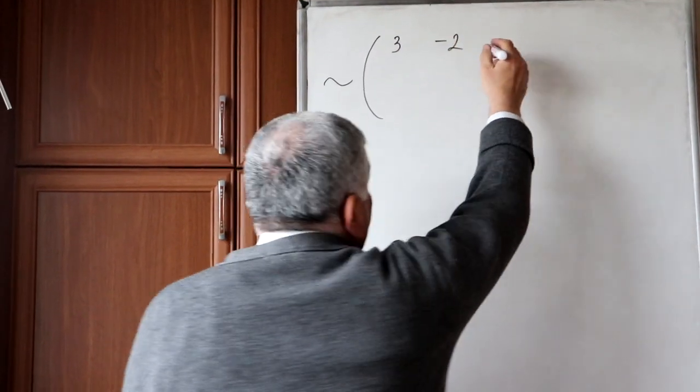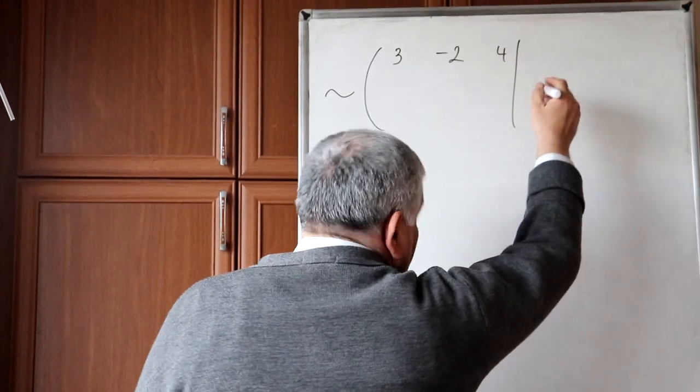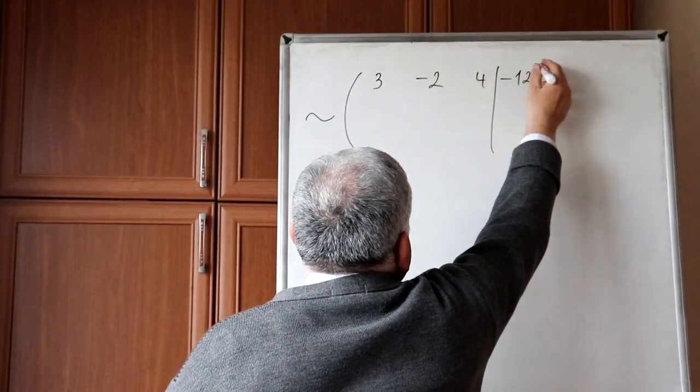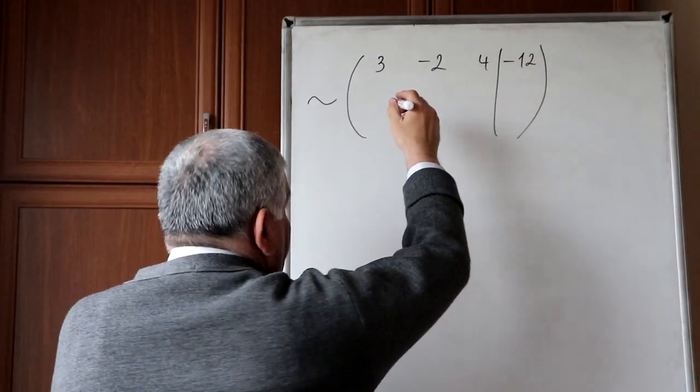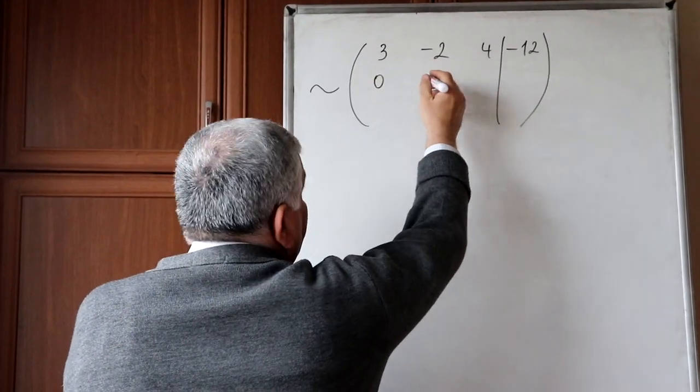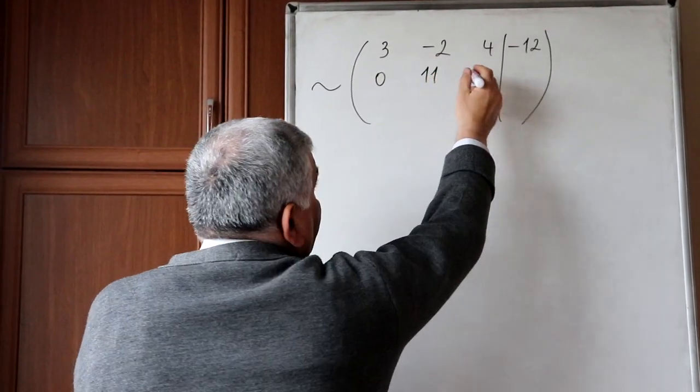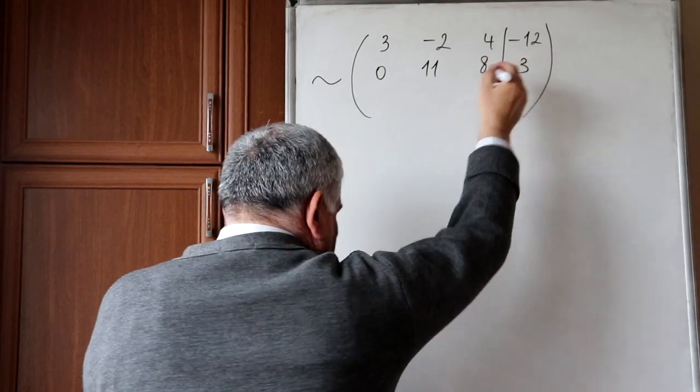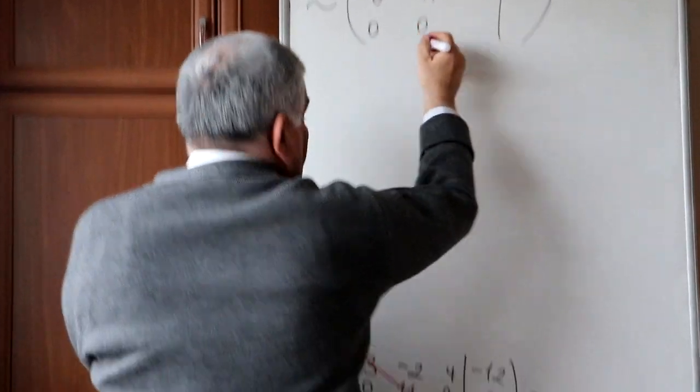3, minus 2, 4, minus 12, then 0, 11, 8, 3, 0, 0.